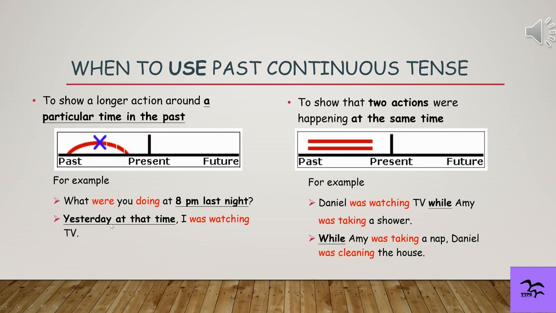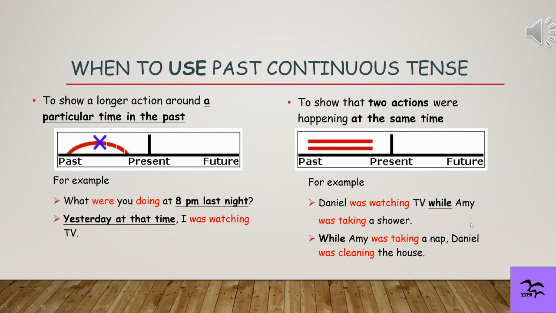And yesterday at that time, I was watching TV. Both phrases 8 p.m. last night and yesterday at that time are the time expressions for past continuous tense. You need to pay extra attention to these expressions when you do the worksheet.